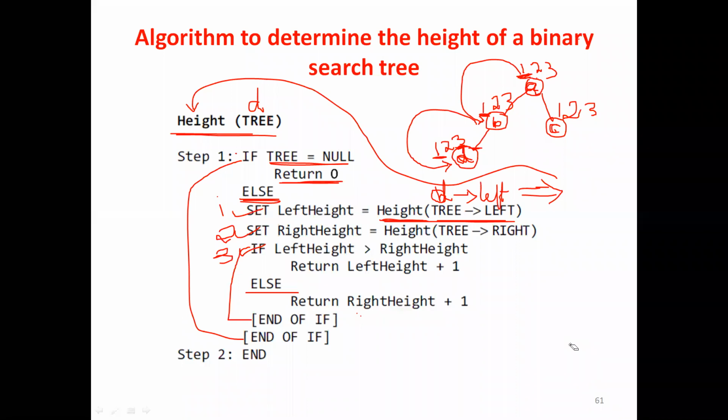Very good. This null is passed over here. I'm striking out and writing null. It means it does not have a left child. Tree equal to null is true, so it returns 0. That's what I'm writing here, 0.